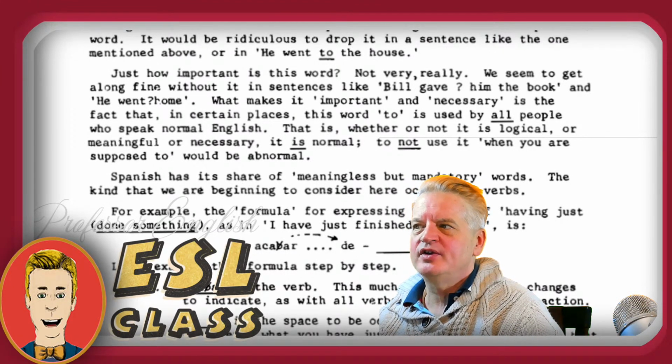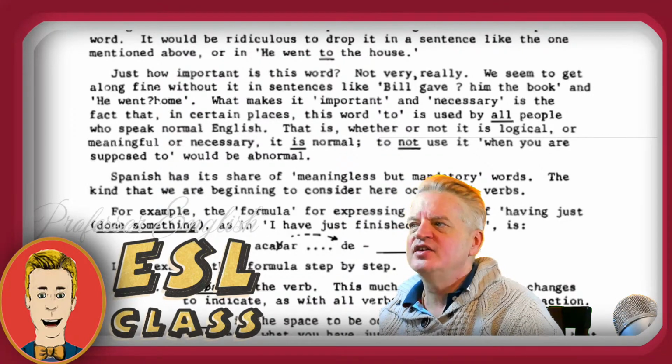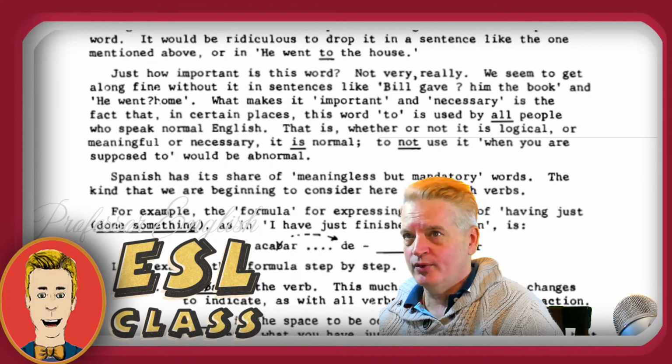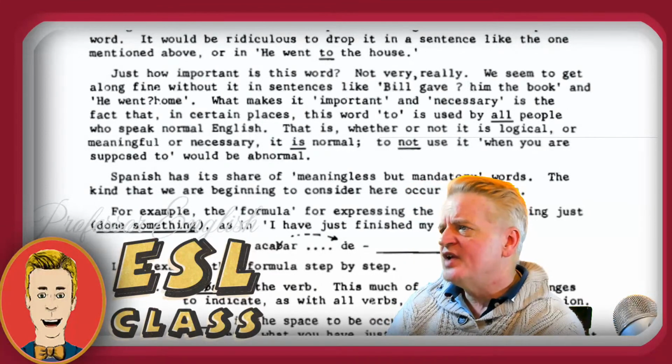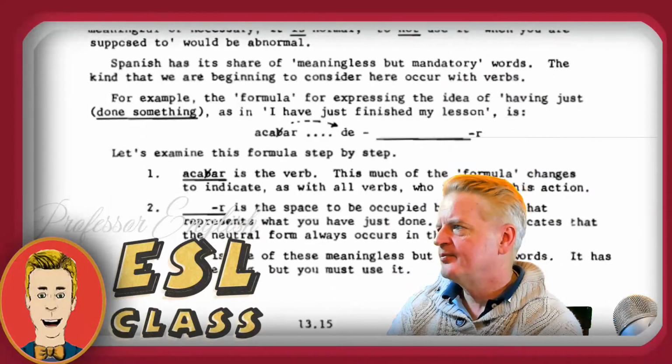What makes it important and necessary is the fact that in certain places this word to is used by all people who speak normal English. That is, whether or not it is logical or meaningful or necessary. It is normal. To not use it when you are supposed to would be abnormal.